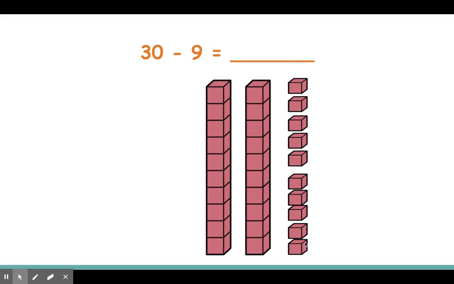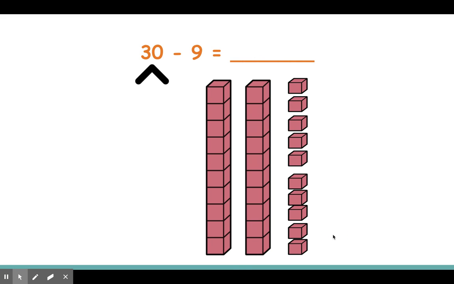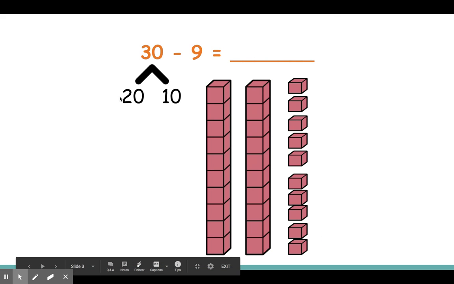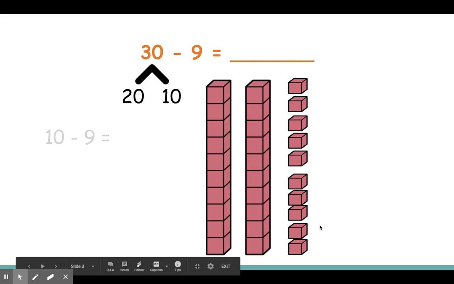This is 30. Now we need to subtract 9, but remember we're going to do this in steps. We're going to break the 30 into the 2 10s, which is 20, and 1 10 over here, which has been broken into its individual ones pieces. So here's 20 and here's 10. We're going to be subtracting from the group of 10 that we have broken into pieces here.